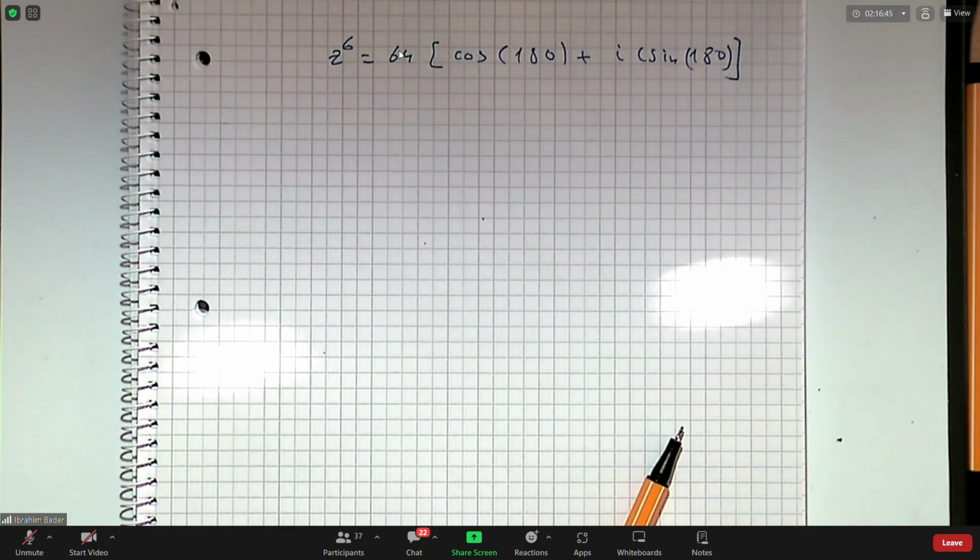What's the coordinate of this point at angle 180? It's -1 and 0, right? Which one is sine, which one is cosine? Is cos of 180 equal to 0 or -1?